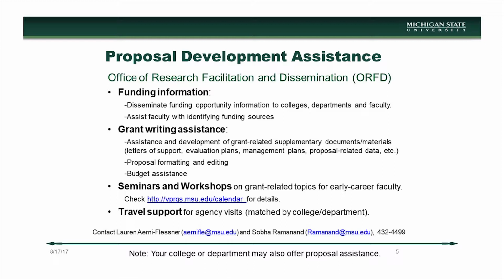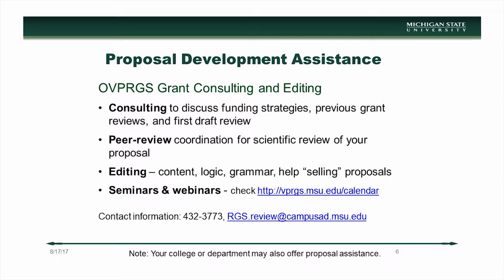Our office also provides other grant-related resources and services. The VPRGS grant consulting and editing services are also available. The consultants come once a month to the campus, and they are here for practically a week, so people can meet with them.